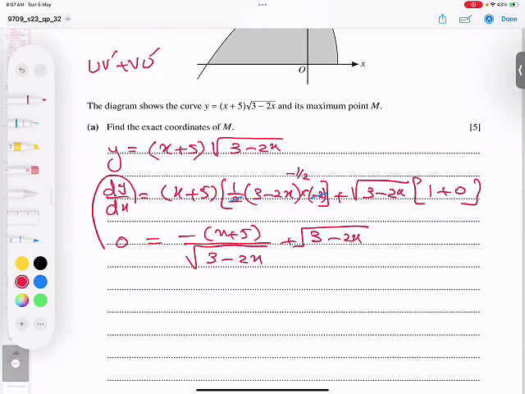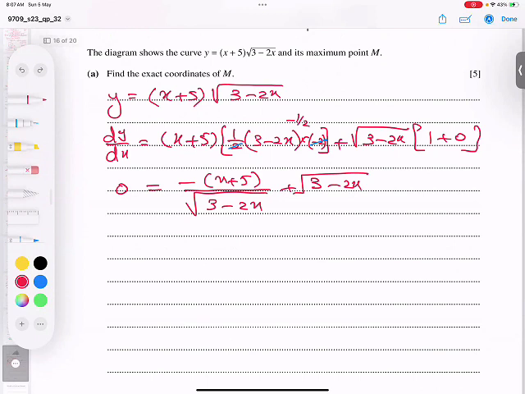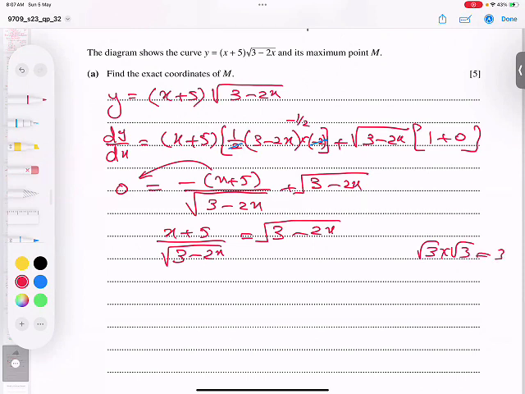And I will keep the derivative 0 for the maximum point. Now, next step is cross multiply, students. When I cross multiply, root 3 into root 3 will give you 3 only.